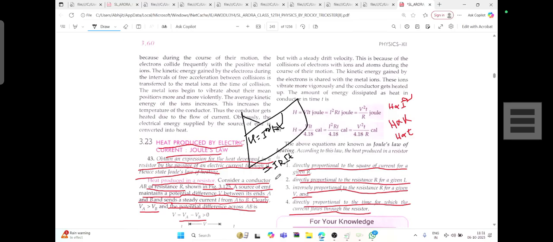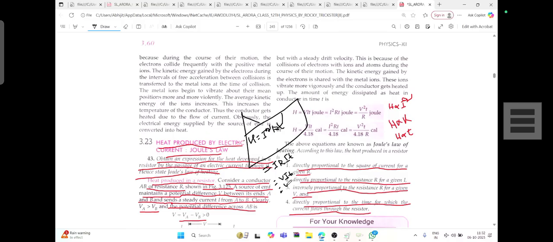You can also write IR is equal to V, so V is equal to IR, V into It. You can also write it as V into Q.